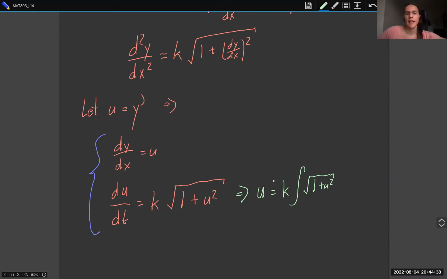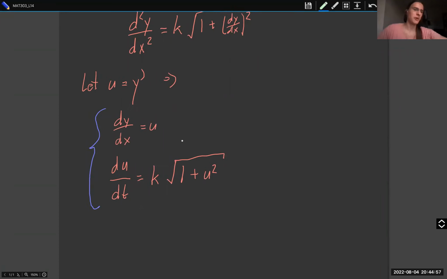Yeah, okay, do we multiply by dx? How do I solve this? Separation of variables.